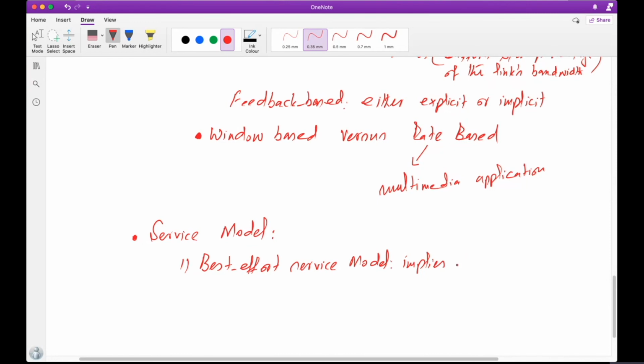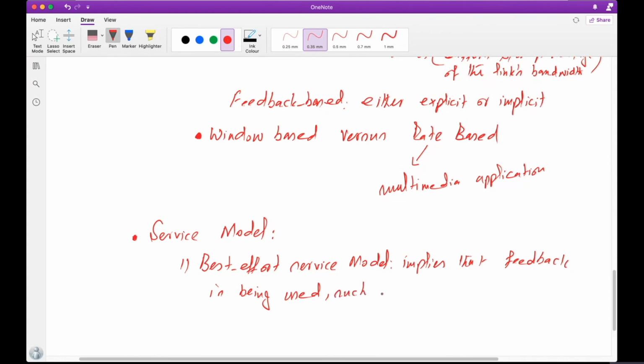So it implies that the feedback is being used to control the sending rate of a sender or a node, or to control network congestion.